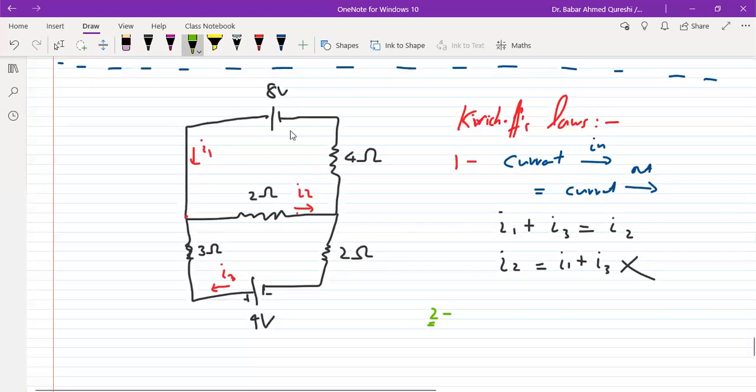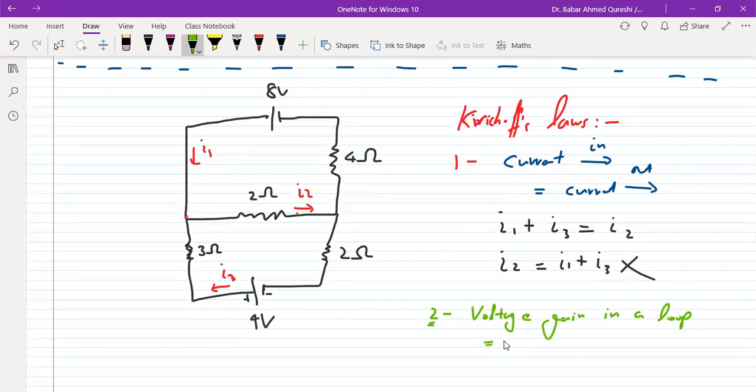So when you pass through a battery, you gain some voltage, and that voltage is then dropped or used up in your electric elements. So voltage gain in a loop is equal to voltage drop.